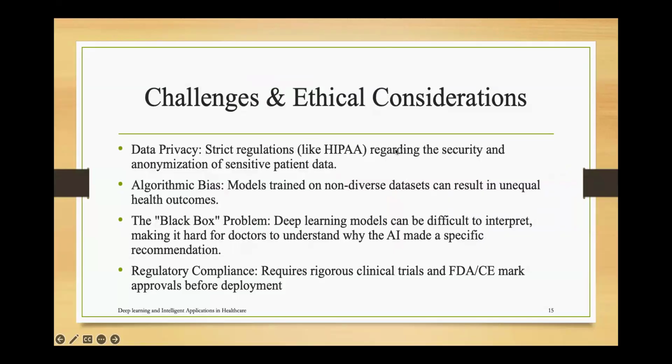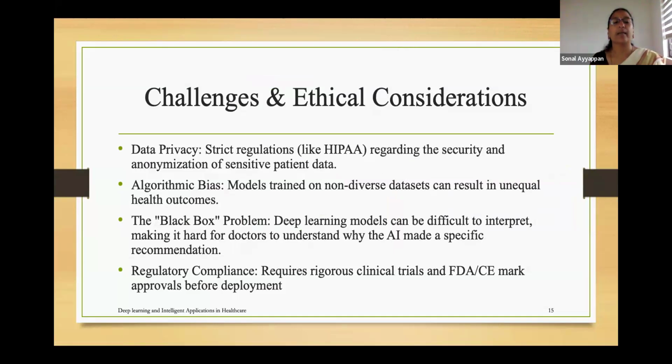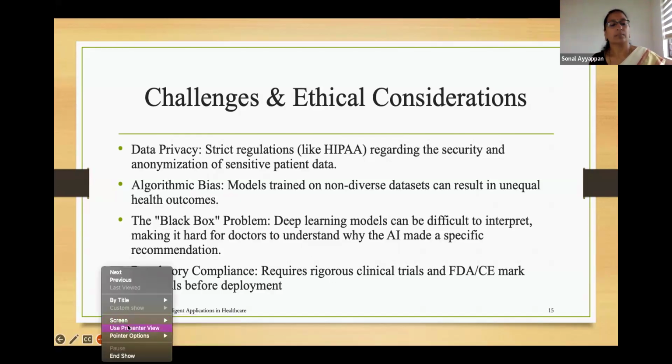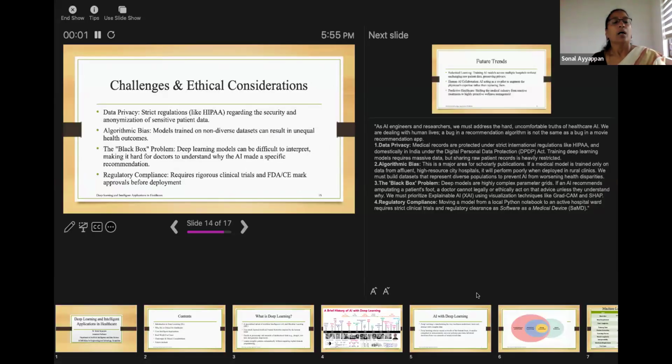Okay, coming to data privacy, this has to be taken care of. Similarly, algorithmic bias: a model trained on a non-diverse data set can result in unequal health outcomes. If a medical model is trained only on data from affluent, high-resource city hospitals, it will perform poorly when deployed in rural clinics.